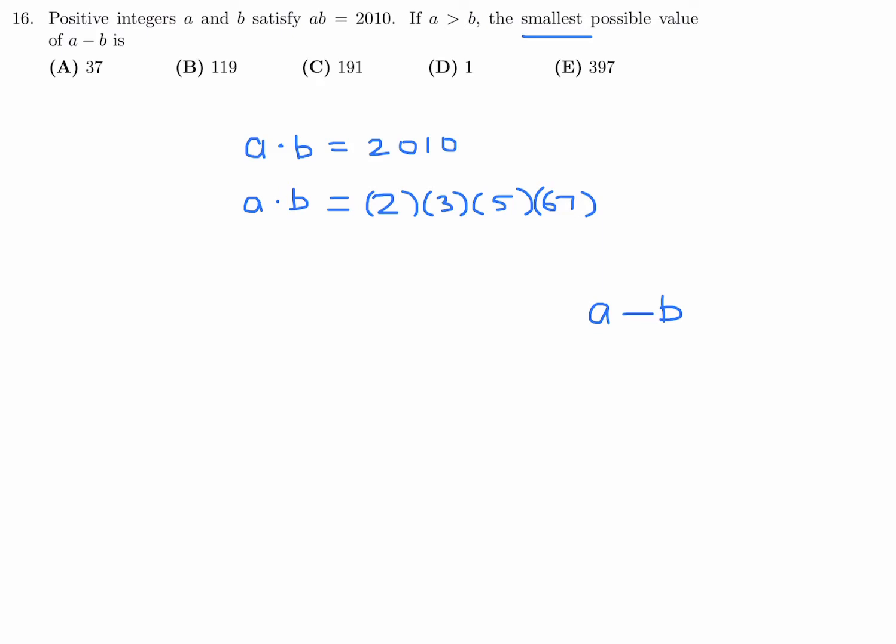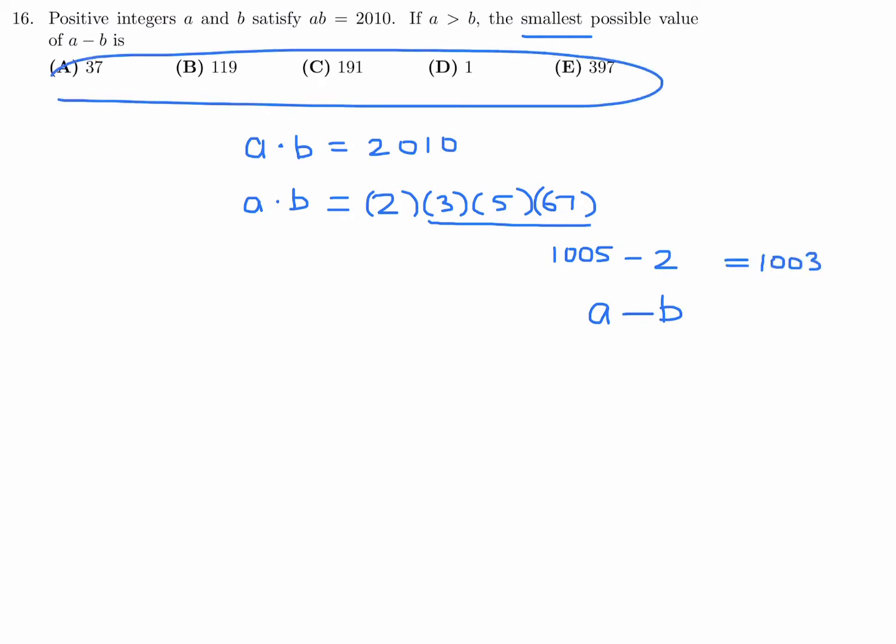For example, if I chose b is equal to 2, a would have to be the product of those other three, and that's going to be very big. 3 times 5 times 67 is 1005. So we satisfy that a is greater than b, but then a minus b becomes 1003. So that's pretty big, and it's not even one of the answer choices.